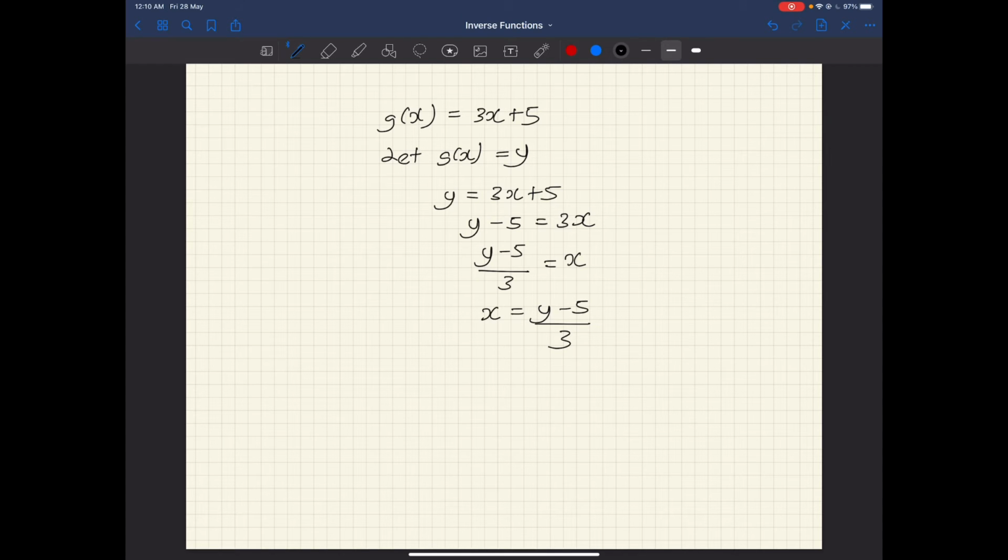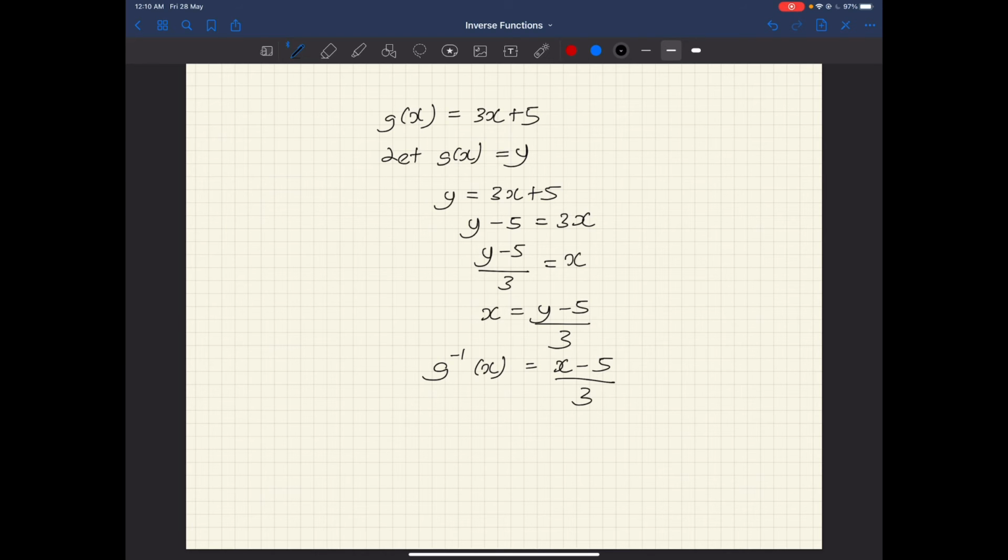Now it's about writing the inverse function, basically g inverse x. So your object would be x, right? You're replacing your y with x, so you get g inverse x equals (x minus 5) divided by 3. So what happened here?